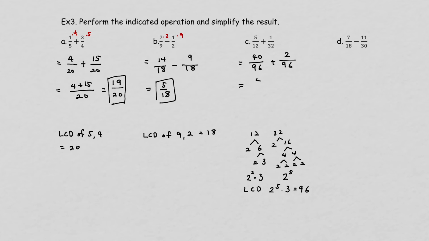Add it, you get 40 plus 3. Let me write that down. So multiplying by 3, multiplying by 8. So you get 43 over 96.